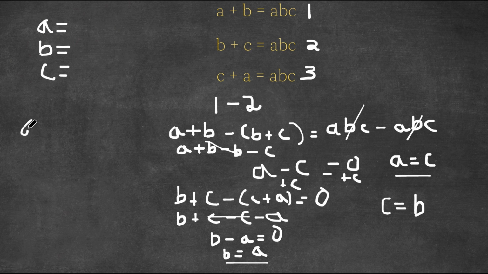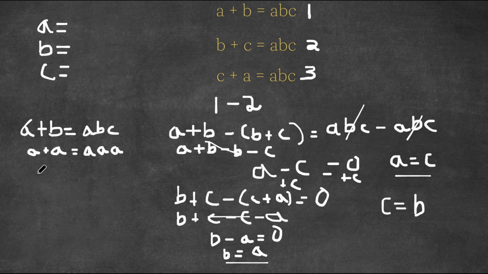So now we're going to take a look at our first equation here. We have a plus b equals abc. Well, because a is equal to b and c, we could do a plus a equals a times a times a.